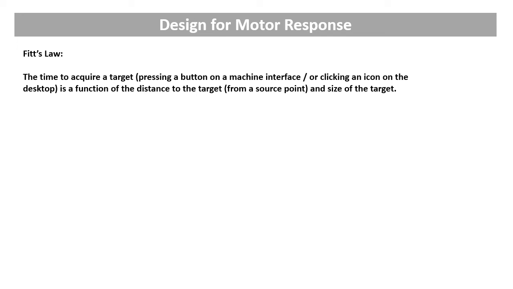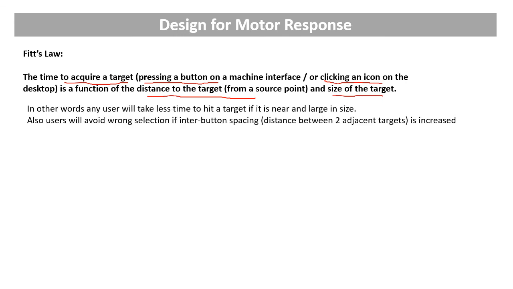The time to acquire a target, so the target can be the pressing of a button on a machine interface, or clicking an icon on the desktop. So the time taken by the user to press a button or click an icon is a function of the distance to the target from a source point, and also the size of the target, right?